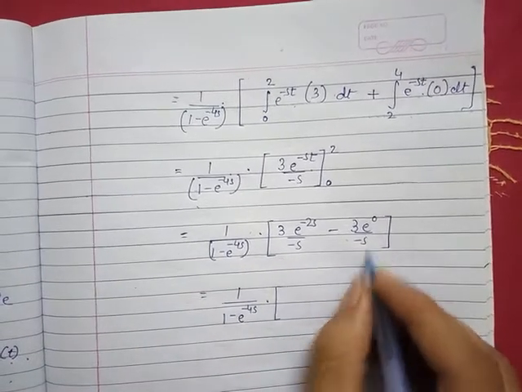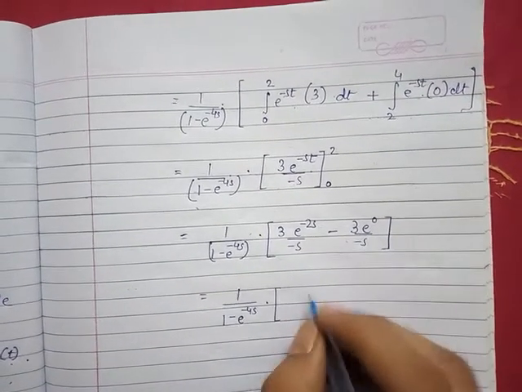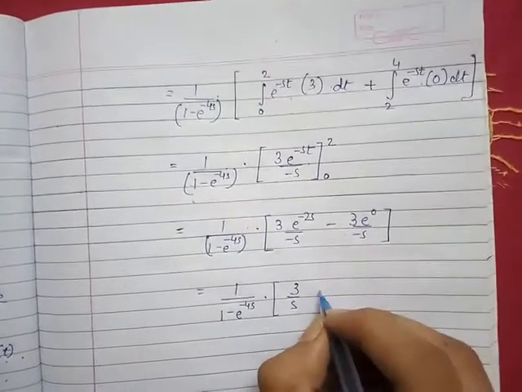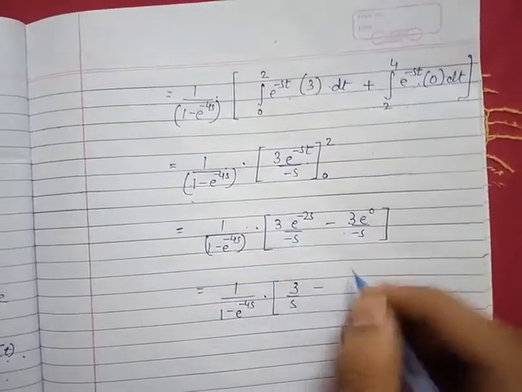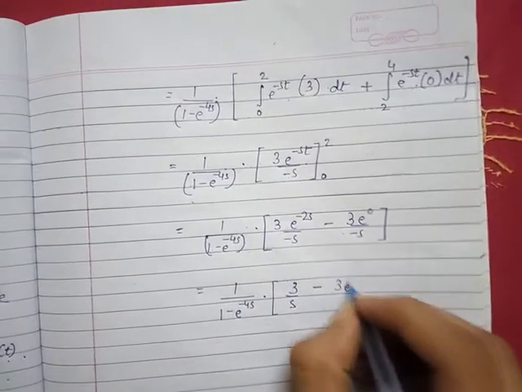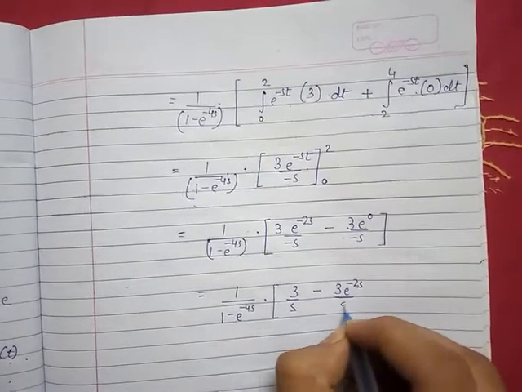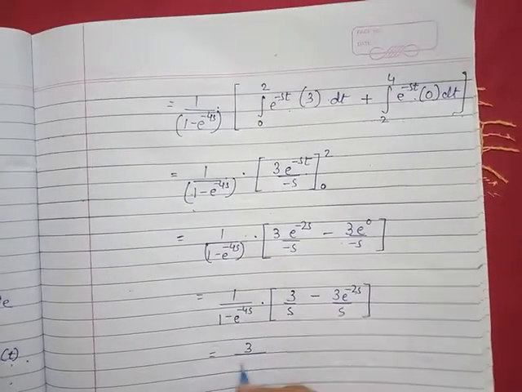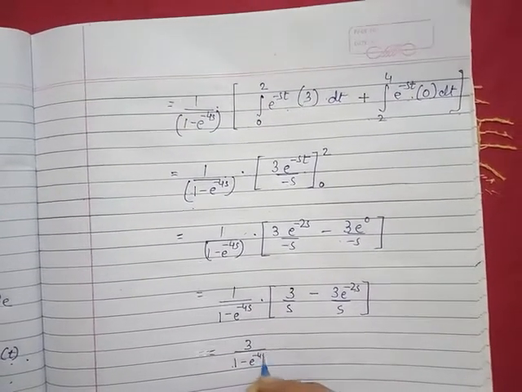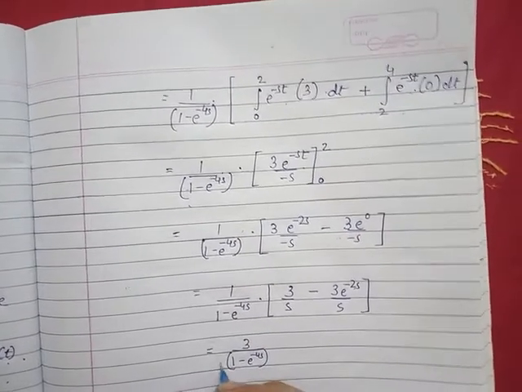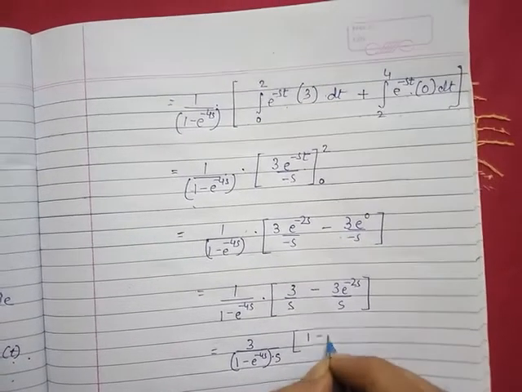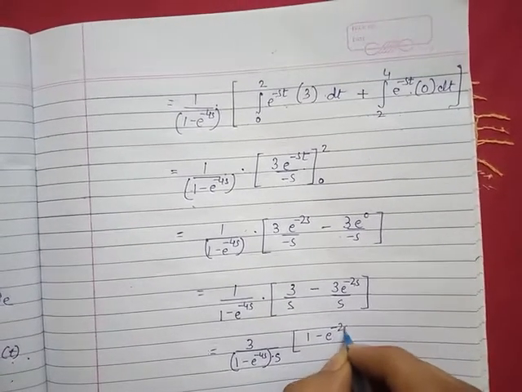I am writing this one first, so 3 upon s minus 3 e raised to minus 2s upon s, and this will be 3 into 1 minus e raised to minus 2s, over 1 minus e raised to minus 4s into s.